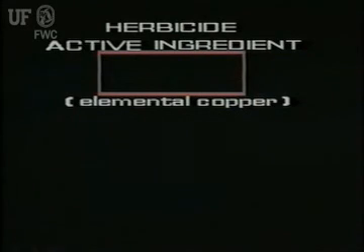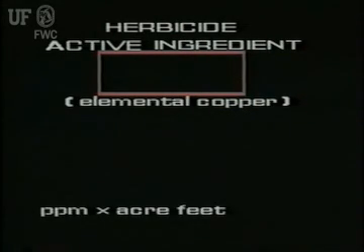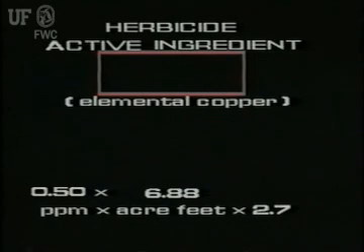The herbicide active ingredient equals the parts per million times the acre feet times 2.7. Or in this example, the herbicide active ingredient equals 0.5 times 6.88 times 2.7.